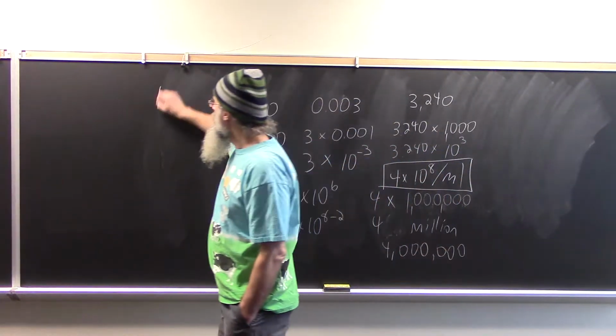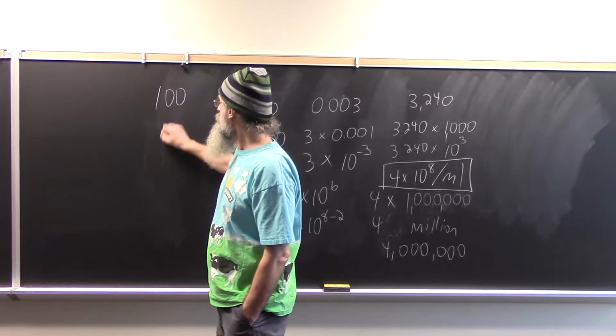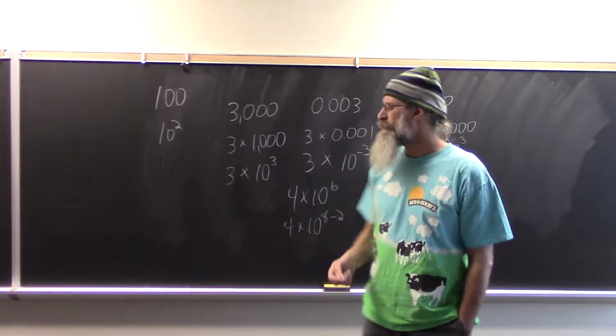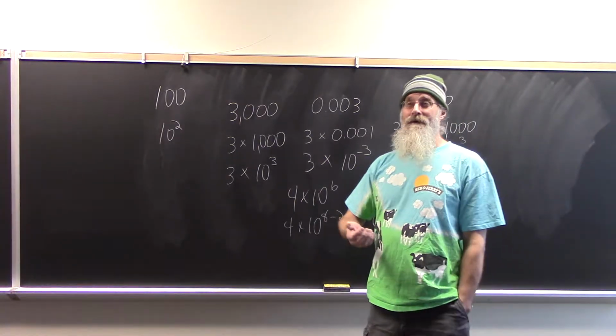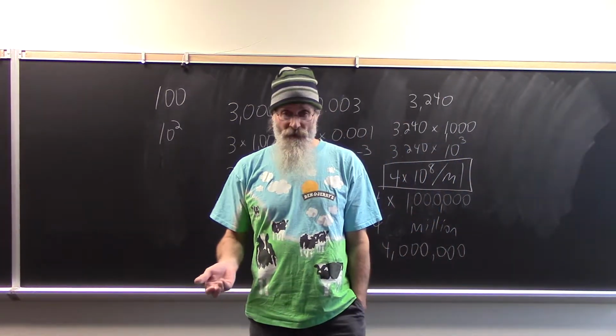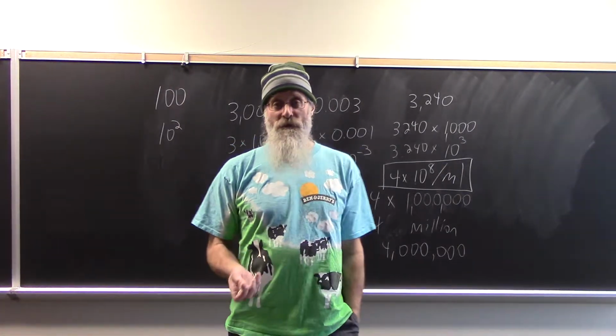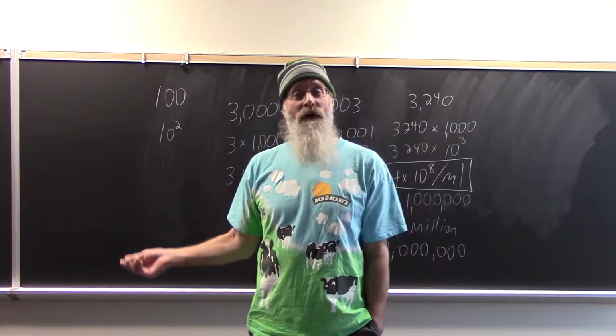Remember, 100 is equivalent to 10 to the 2. So working with exponents makes life easier, at least if you're a microbiologist. And if you're doing dilutions without exponents, how do you even do that? I don't know.